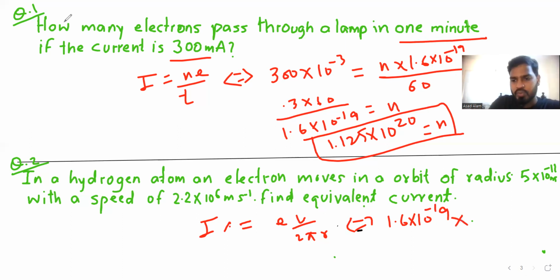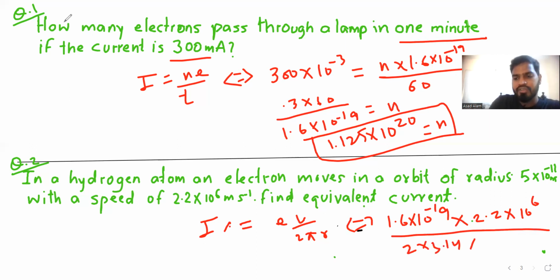Velocity is 2.2 into 10 to the power 6. 2 pi R is 2 into 3.14 into the radius, and the radius is 5 into 10 to the power of minus 11. If you solve it all, you will get the current, which is 1.